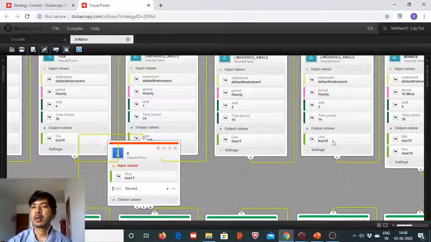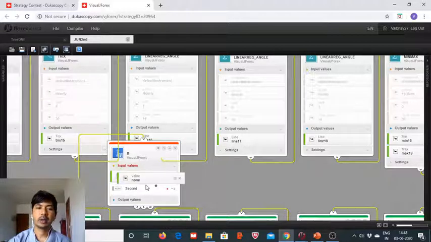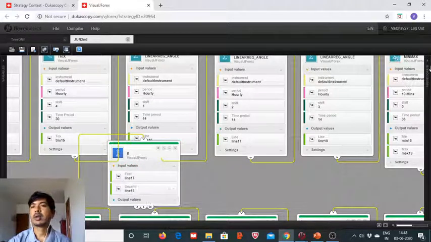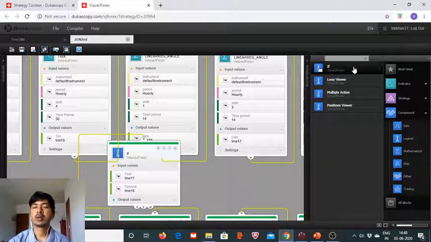line 17 and then we take line 18 and we take one more if condition.